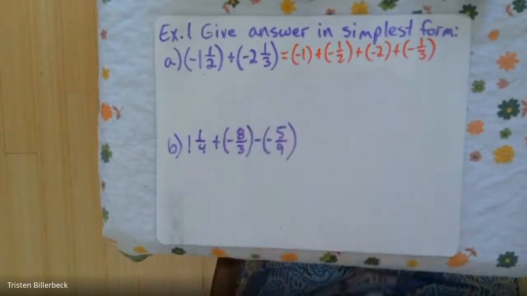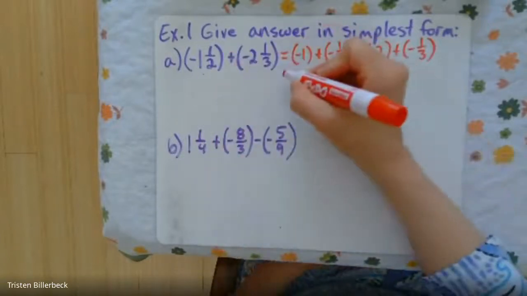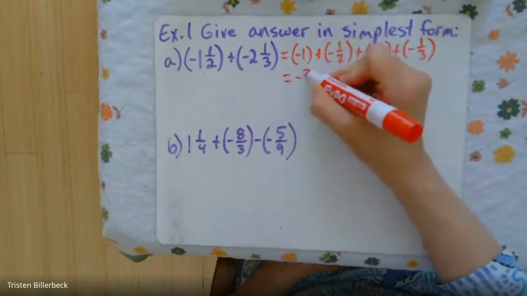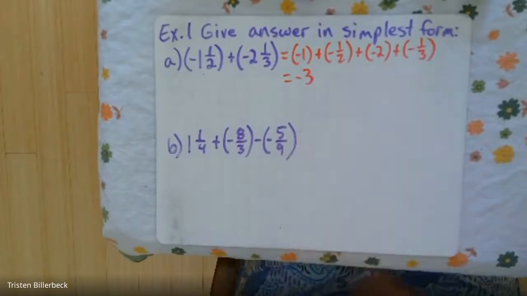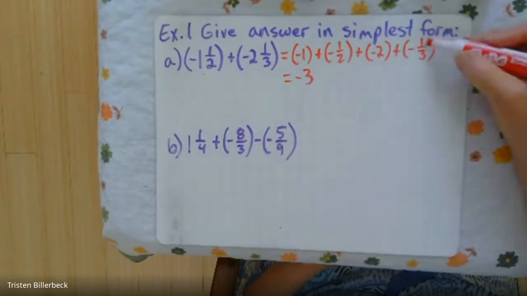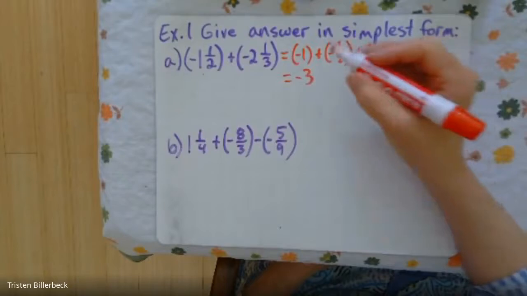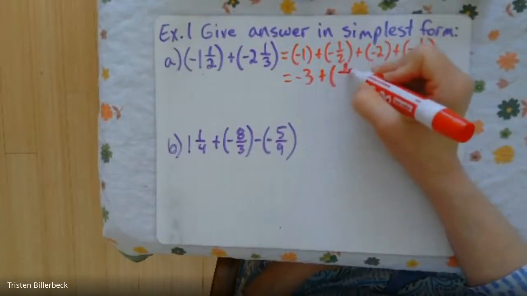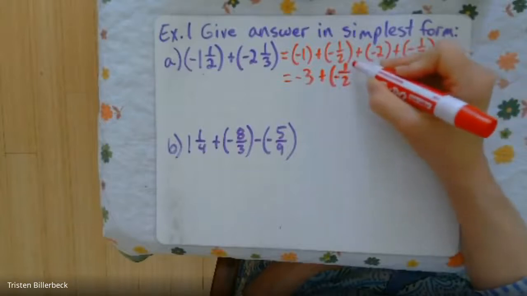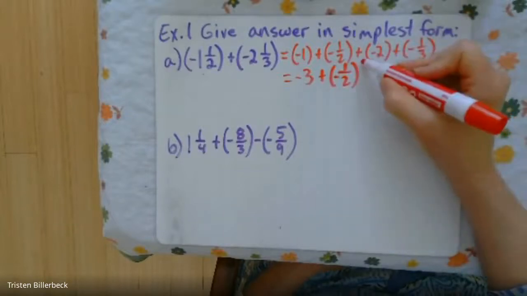So -1 plus -2 is -3. Now we just have to deal with the -1/2 and the -1/3. We want to make sure we have a common denominator.